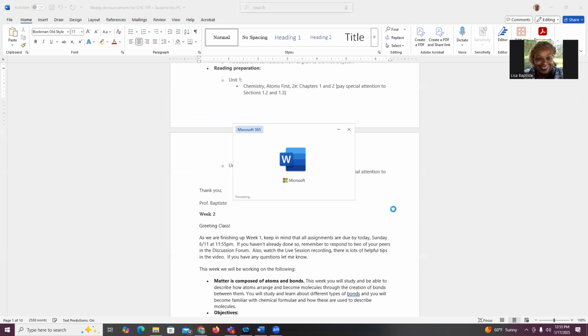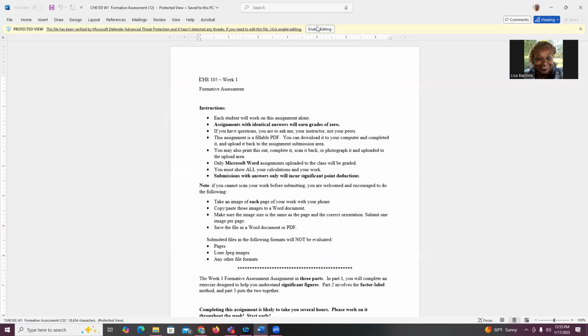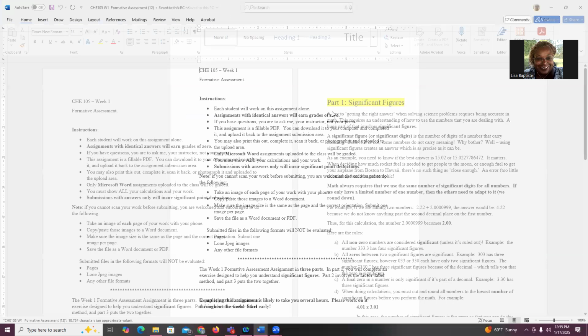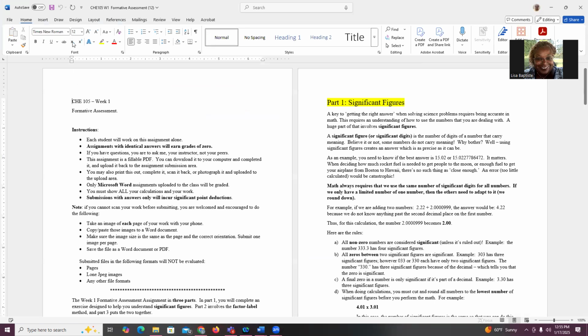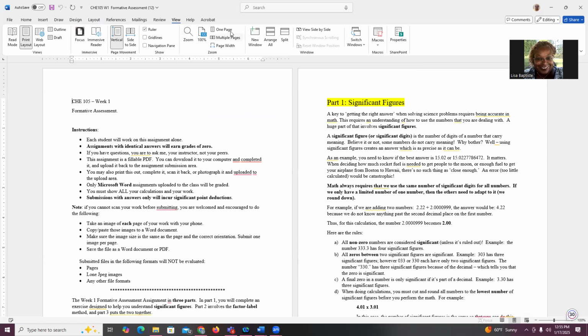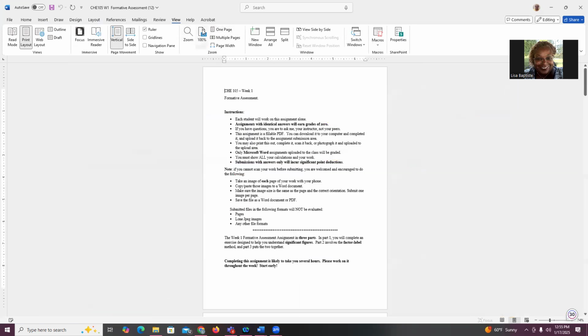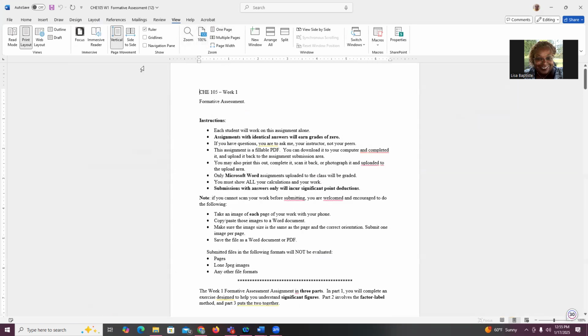And it's going to come up and you will have the information for your week one assignment. I like to view it as one page. To me, it's a little less confusing. So you would just click on one page, and then 100%.